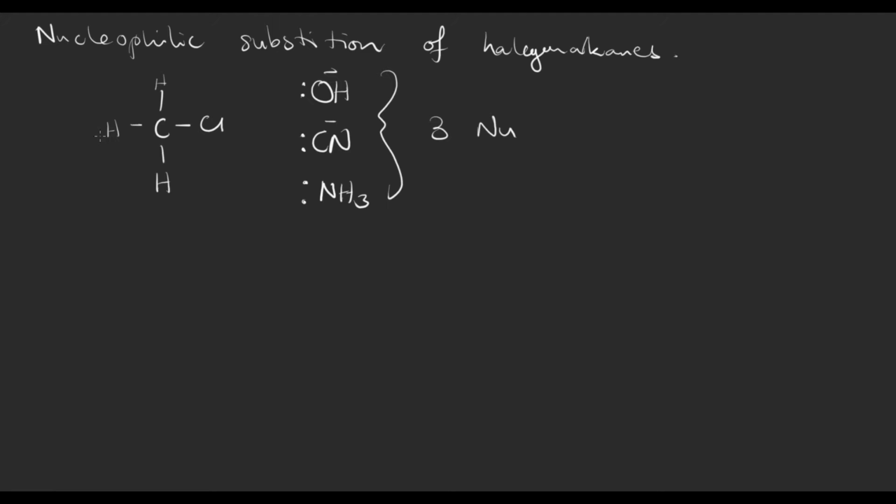Okay, so let's stick with chloromethane for now because it makes the mechanisms easier. And I'm going to do this using the full displayed formula, and then I'm going to do it again using the skeletal formula. So let's start off with the displayed formula, and I'll redraw this out here. So I'm going to put my chlorine on the other side because it makes life a little bit easier. So I've got my carbon, it's got 3 hydrogens, and it's got a chlorine here, and this is chloromethane.